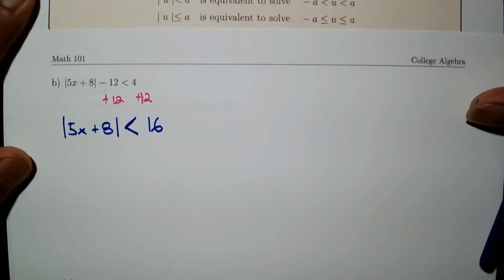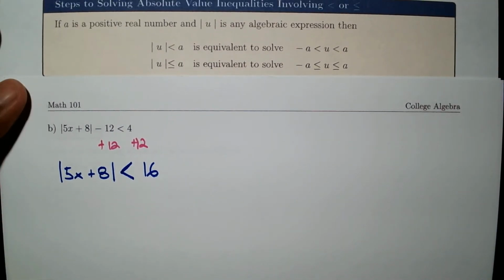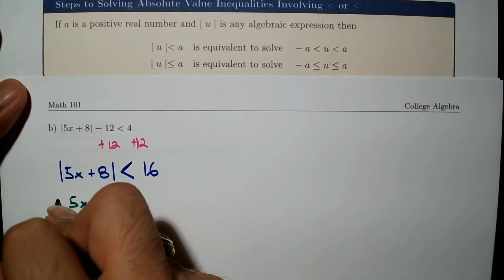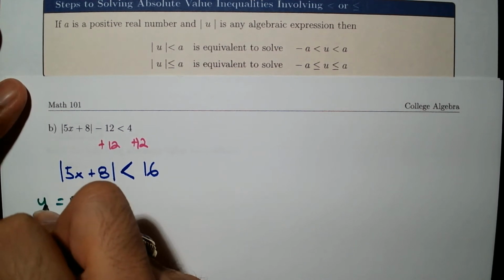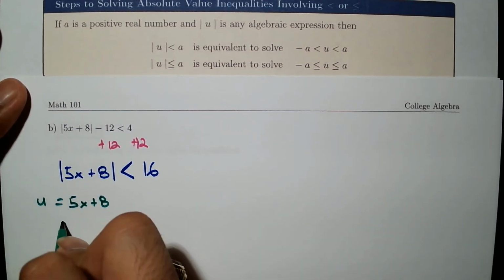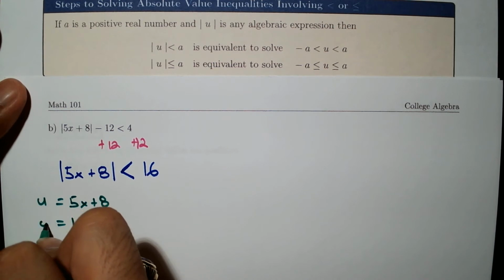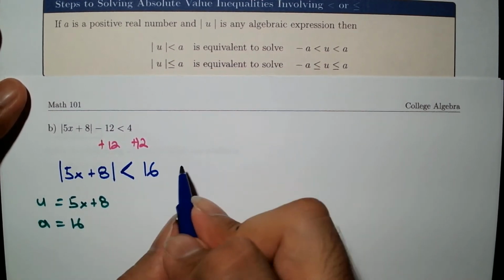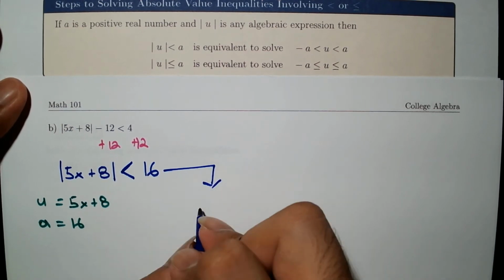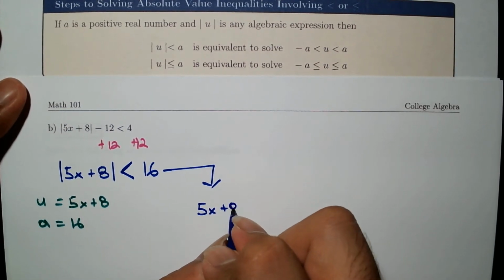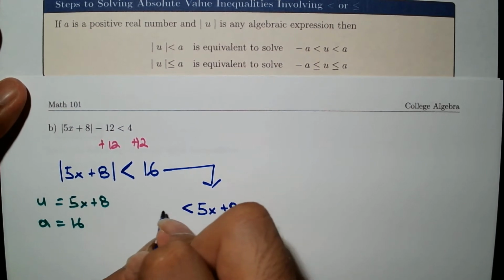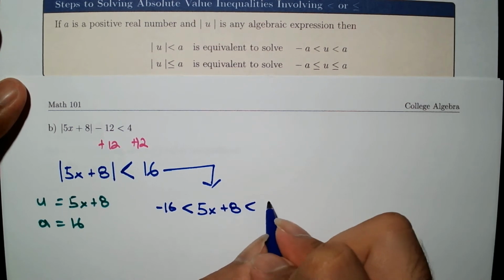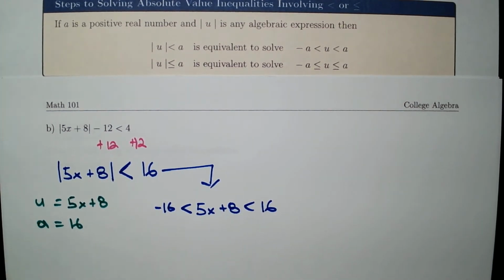In this case, 5x plus 8 will play the role of u, and the number 16 will play the role of the letter a in our form. So let's break this into 5x plus 8 greater than negative 16, the negative number, and less than the positive number 16.